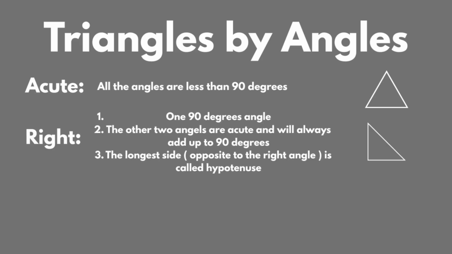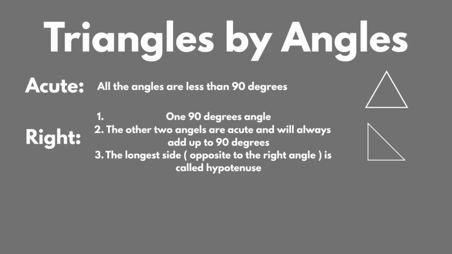These triangles have one right angle, which means 90 degrees, and two acute angles. The two acute angles will always add up to 90 degrees. For example, our acute angles could be 75 and 15, or 60 and 30.